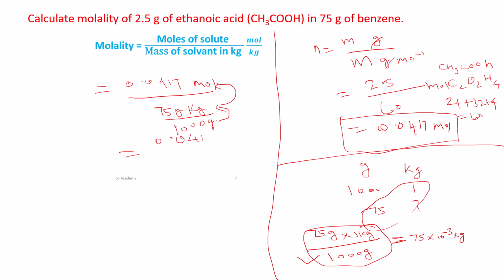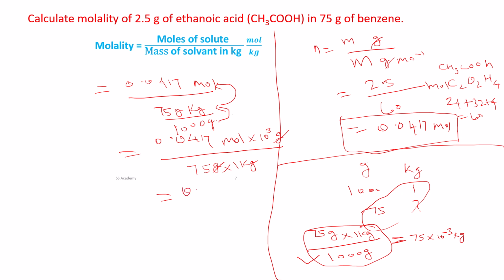So 0.0417 mole into 10 to the power of 3 gram divided by 75 gram into 1 kg. Gram cancels.